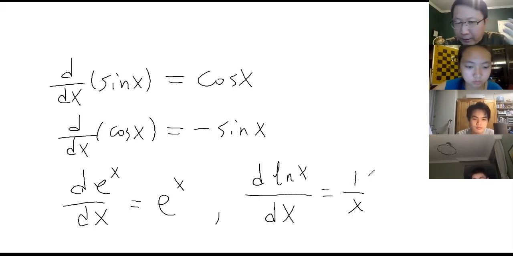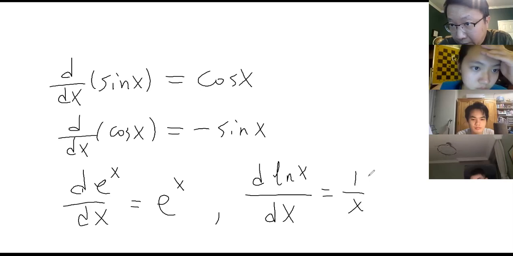All of those you can derive using the original definition, no problem.